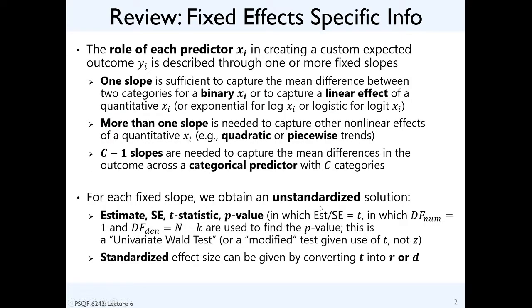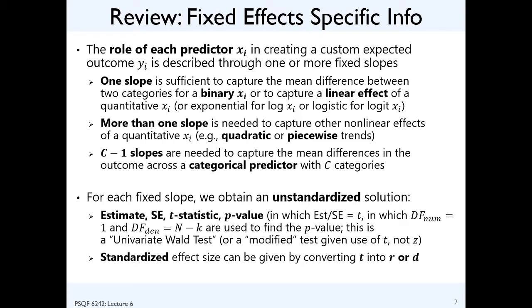So first off, reviewing. So what happens in linear models in general? The role of each predictor, which we call X's, in creating a custom expected outcome for each person is described through one or more fixed slopes. So if you only have a binary predictor, you only need one slope to indicate the difference between one group and the other.